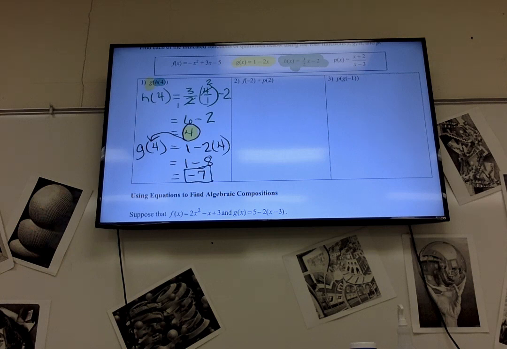So your answer is negative 7. You try number 3. Number 3 is very similar. And we'll do number 2. Holler at me if you get stuck. I can come help.